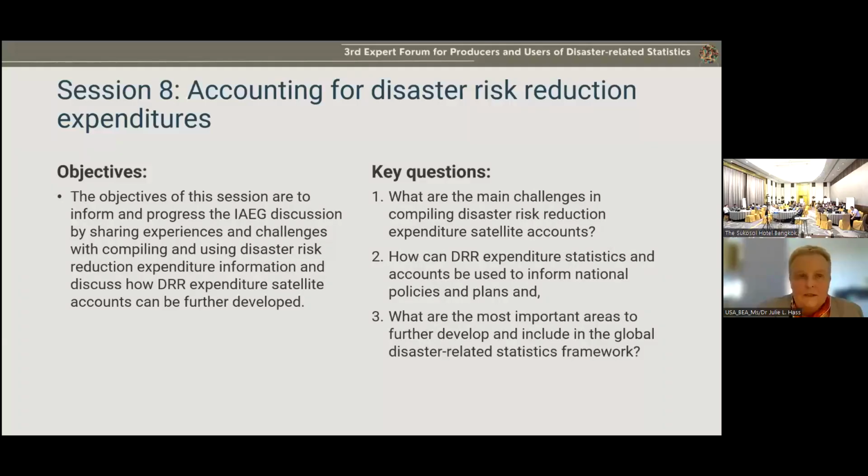Some of the key questions we're going to have our panelists discuss are: What are the main challenges in compiling these types of accounts? How can they be used? That's from the survey we've got for you to participate in. And the third question is, what are the important areas to further develop and include in the disaster-related statistics framework?